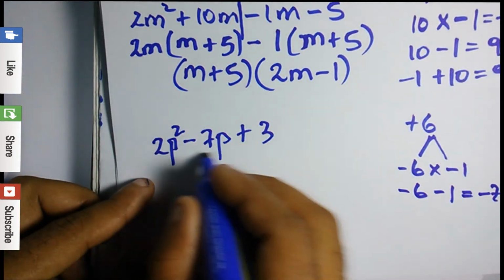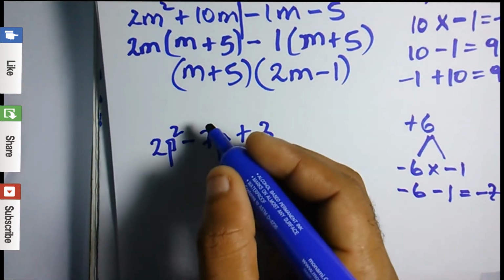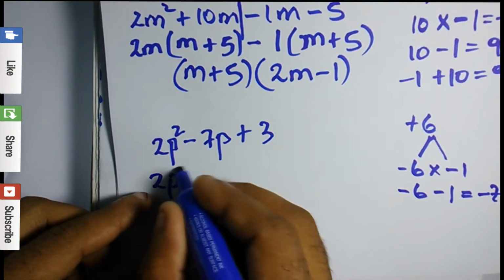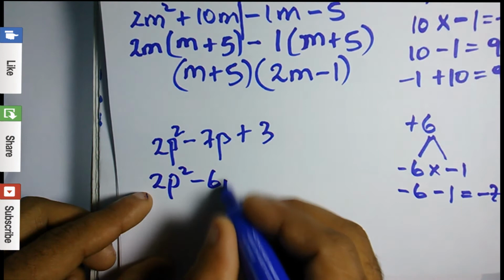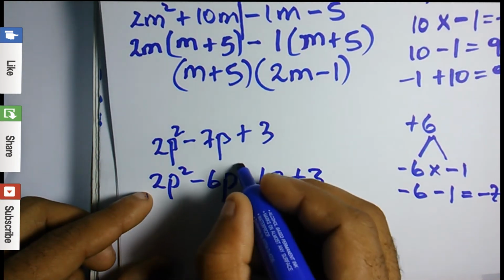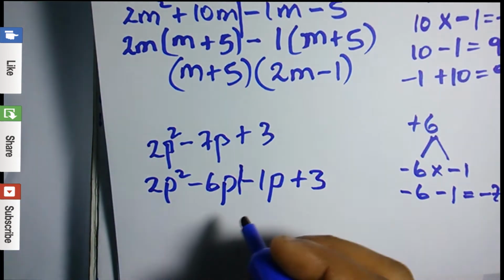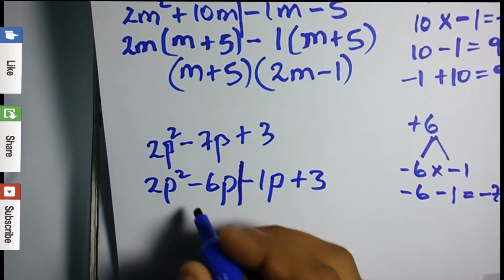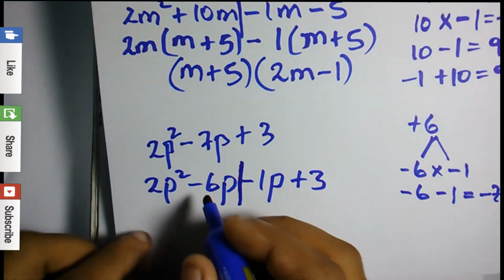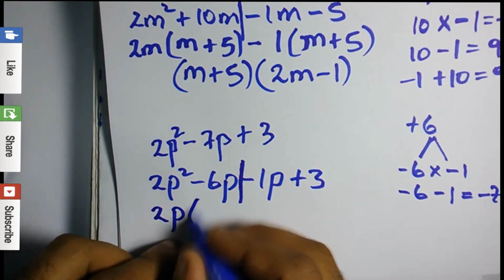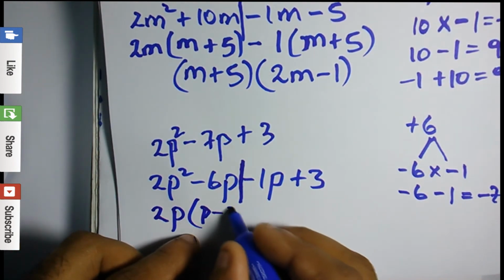So I'm just going to replace the middle term in the quadratic function with the two factors. So I'm going to have 2p squared minus 6p minus 1p plus 3. Then I'm going to factorize by grouping. I just use a small line to separate them into pairs. Now the first pair, realize that 2p is common, so 2p open bracket p minus 3.